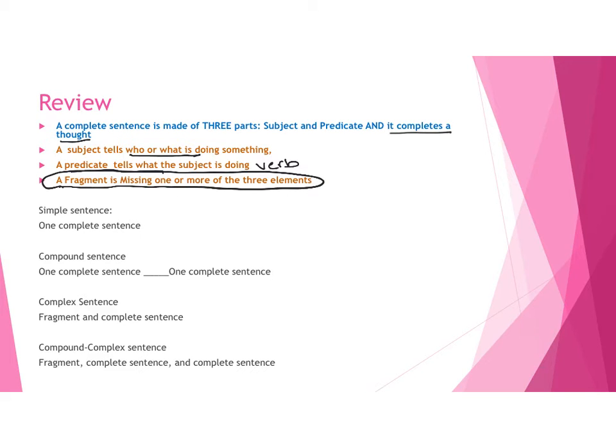There are 4 types of sentences. Okay. The first one is a simple sentence. This is the one that most teenagers write, and it's the one I want you to stay away from. Not that there's anything inherently wrong with the simple sentence, but it's the one that you use all the time.